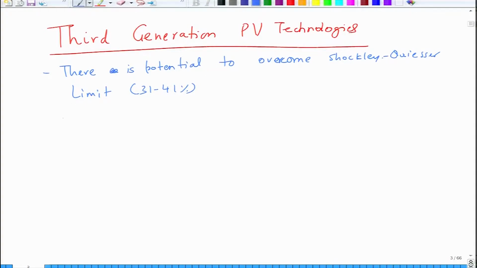The technologies of concern are, to begin with, a close cousin of CIGS, which is copper zinc tin sulfide. We commonly call it CZTS.